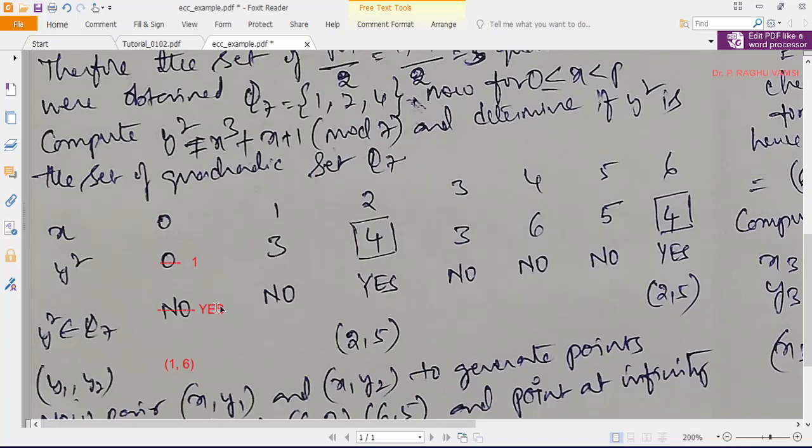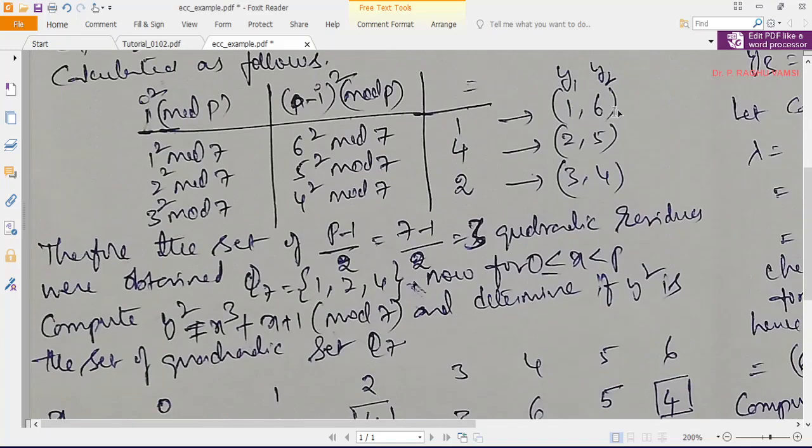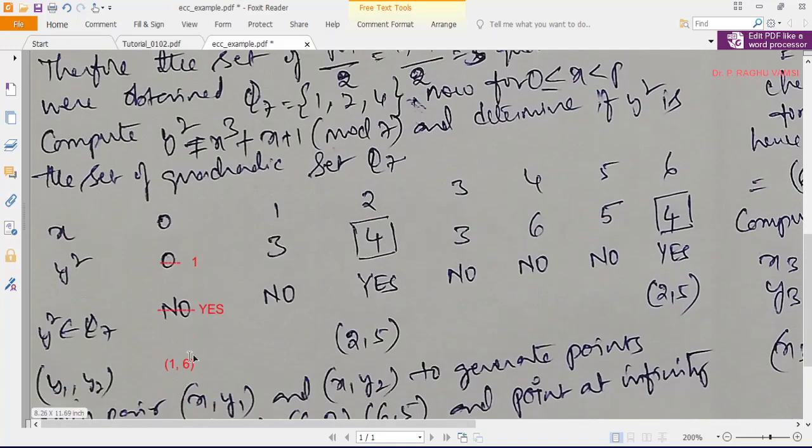If it is there, then place the corresponding values for which that particular residue value has to be placed here. Like that you have to keep on going, you have to go for 0 to p minus 1 values to be substituted in x and compute y square.